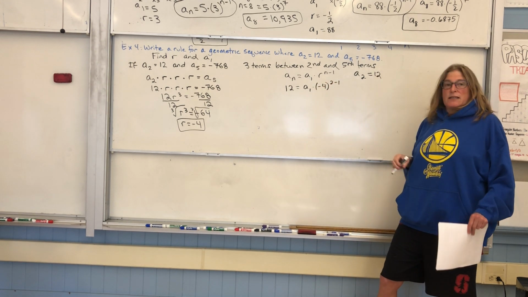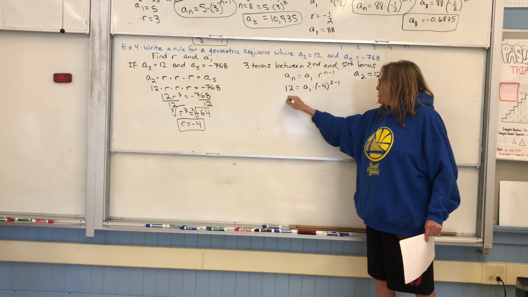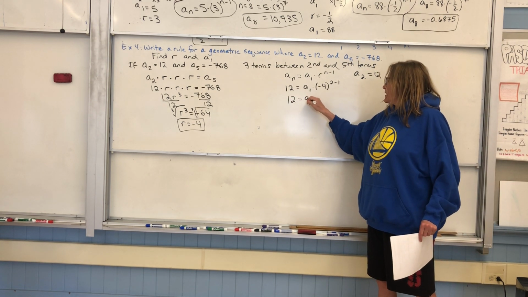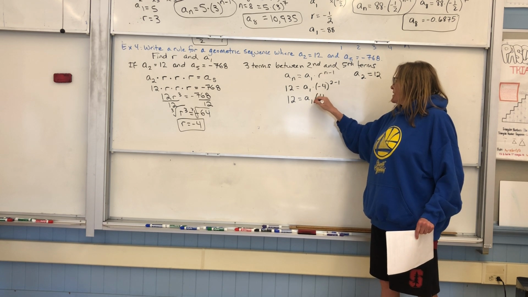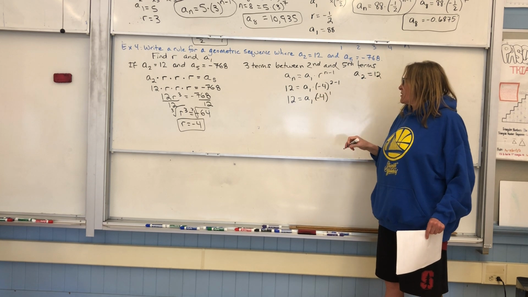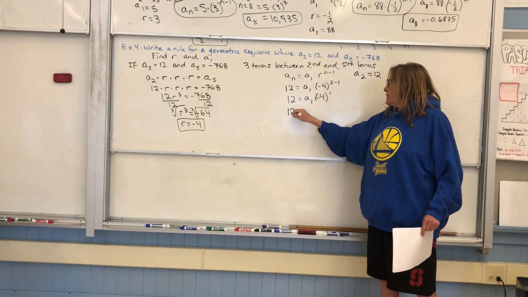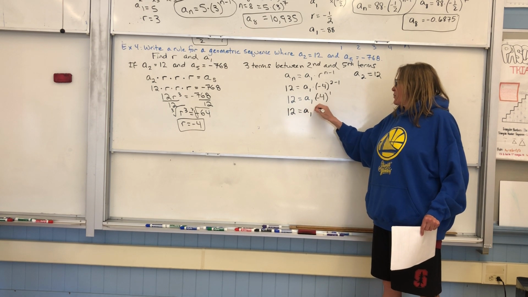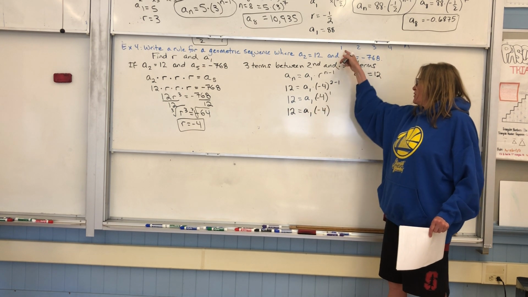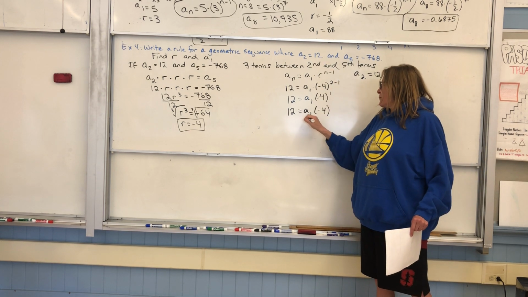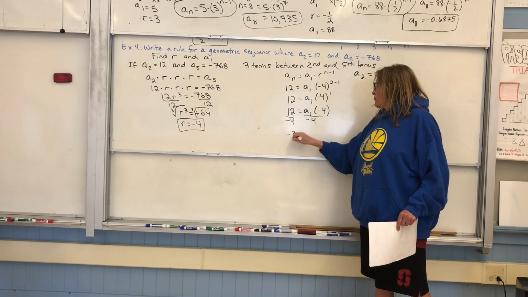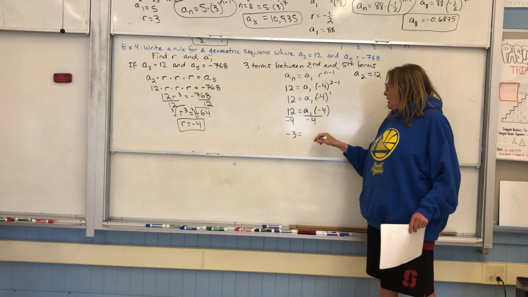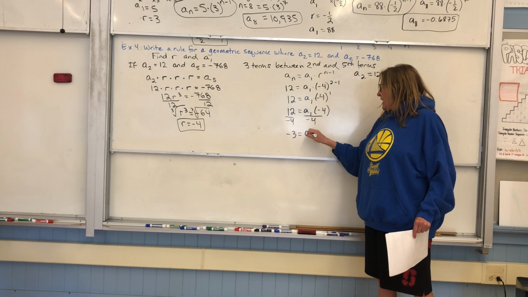And I'm going to make N 2. So that's going to give me 12 equals A1 times negative 4 to the first. So we're going to get the same answer as if we just divided by negative 4. But I wanted to show you guys that even if they don't give you A2, you still can get at it this way.